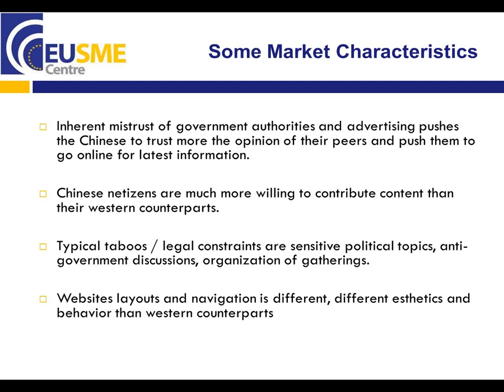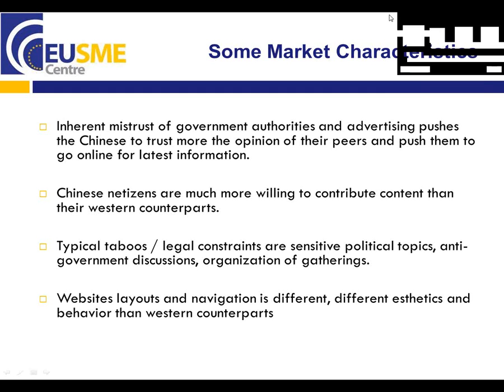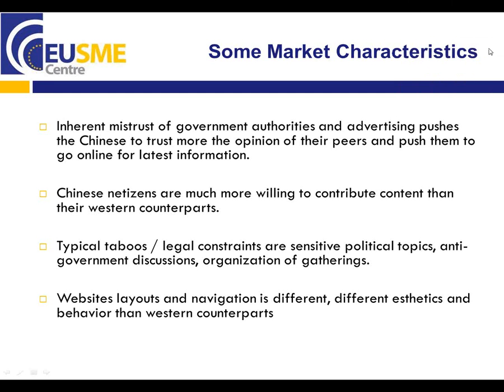Market characteristics: there is an inherent mistrust of government authorities and advertising pushers. People have little trust in official media, which could be your own company website, for example. The other thing is that Chinese netizens are very willing to contribute their own content and share it with their online friends.